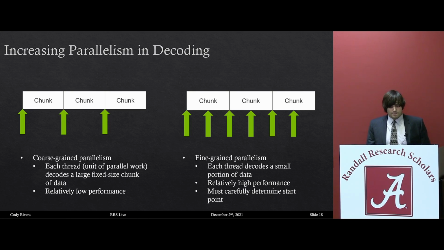What kind of challenges have you faced while developing your Huffman decoders? One of the challenges that I faced was I mentioned that I had to use a type of scratchpad memory on the GPU called shared memory. And on GPU architectures, you have to be very careful in determining the size of this buffer.